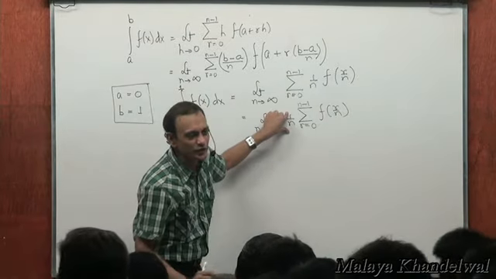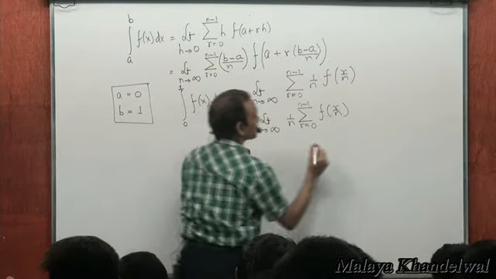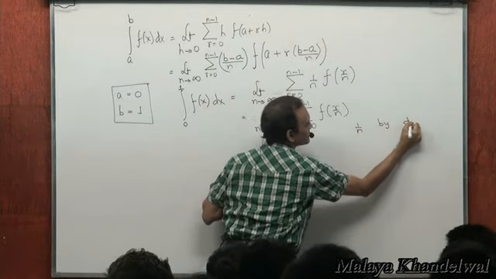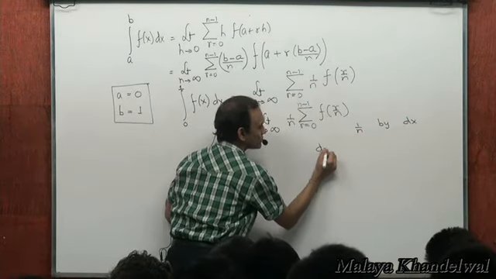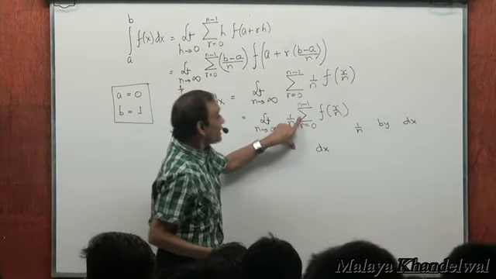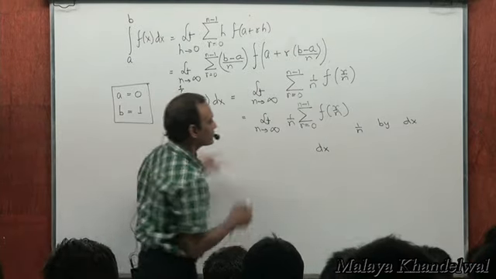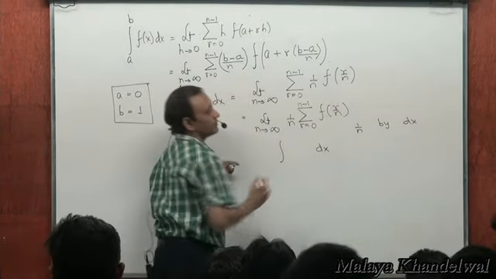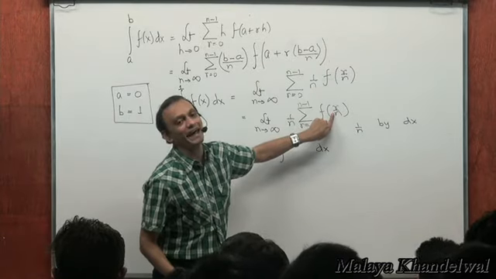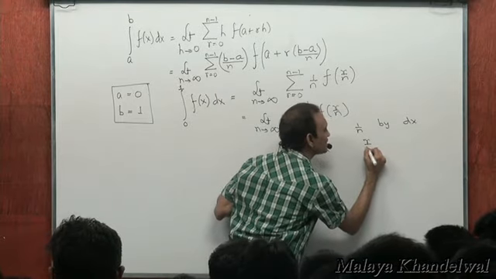So the 1 by n that you see here should be replaced by a dx. Summation represents integration, right? So the summation becomes integration. And replace the r by n by x, f(x). Replace the r by n by x.